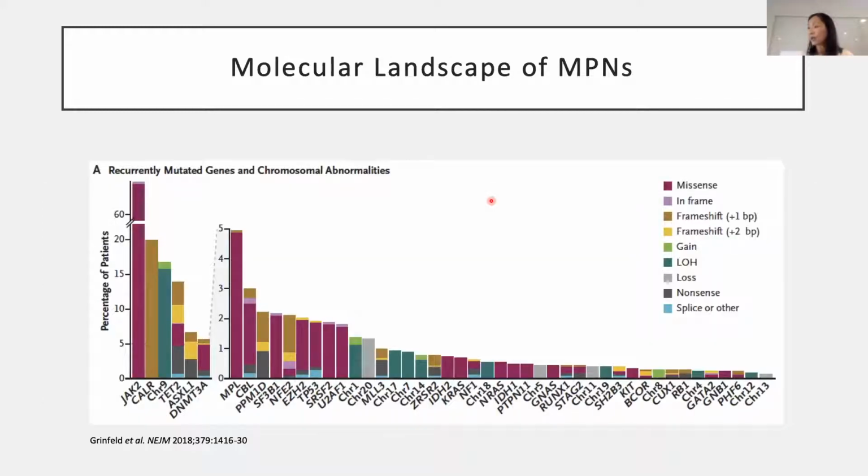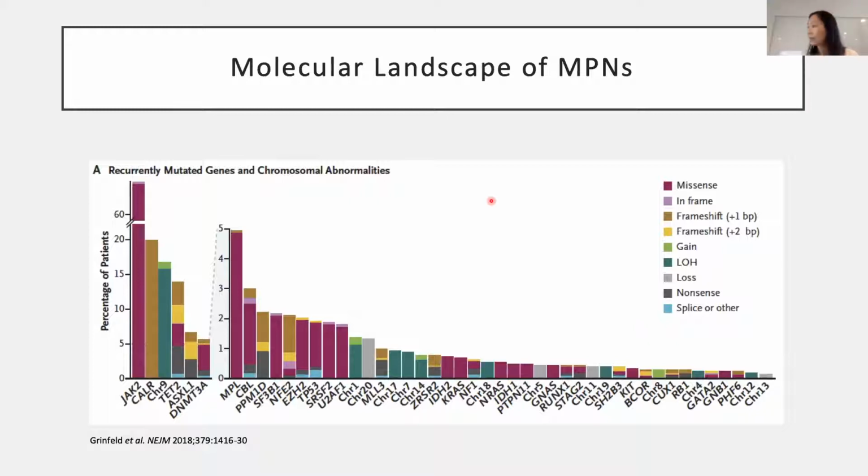So in addition to these driver mutations, other mutations in myeloid leukemia genes have been described. And in this study by Grinfeld et al., where they looked at over 2,000 MPNs, they performed sequencing of 69 myeloid leukemia genes.